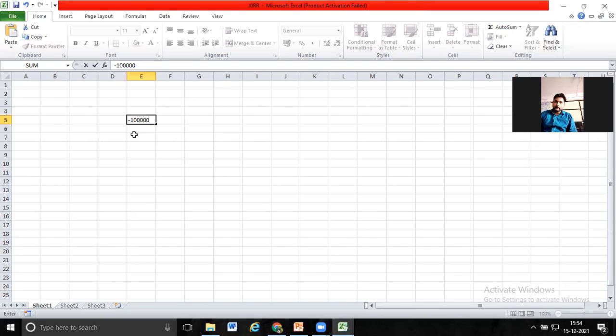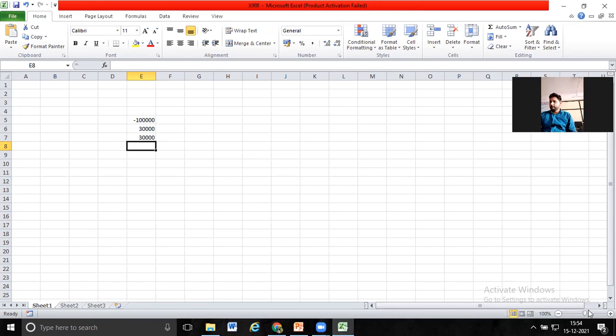So let us consider for the first month, minus 1 lakh. For the first year, it is minus 1 lakh. For the second year, it is plus 30,000. For the second year also, it is 30,000.